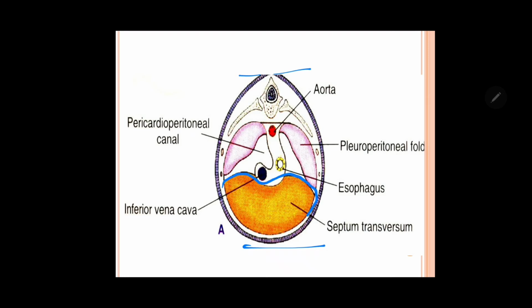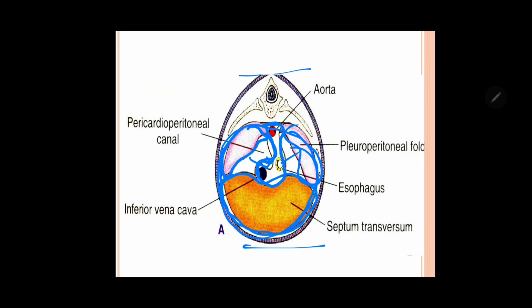The central tendon, most of it is from the septum transversum, and here you can see this is the mesoesophageal part, and the remaining part is covered by the pleuroperitoneal folds. They will all join, and the peripheral muscular part is derived from the body wall.